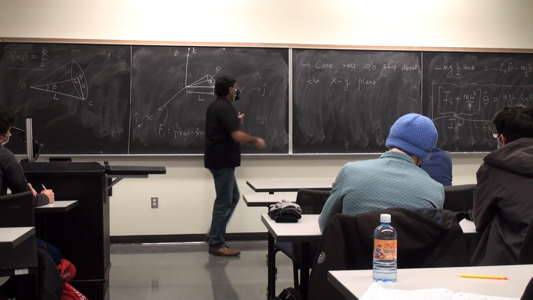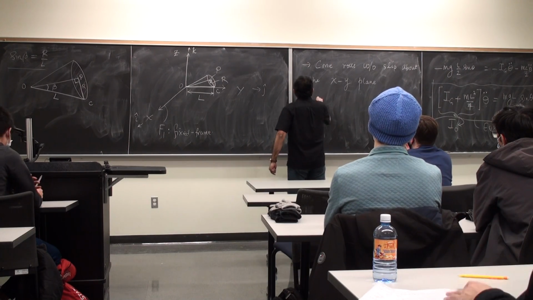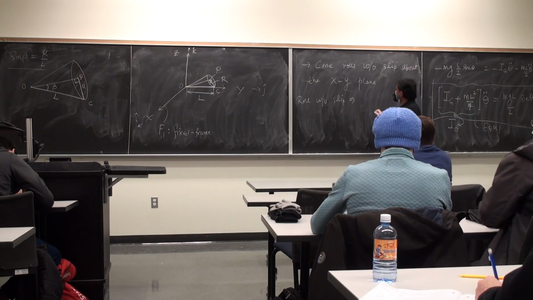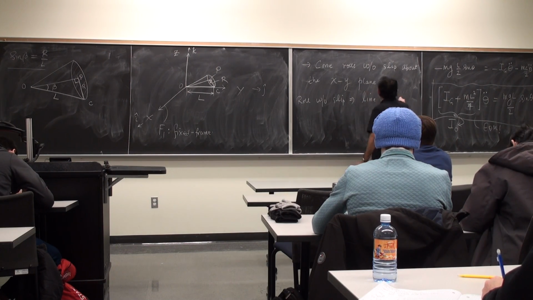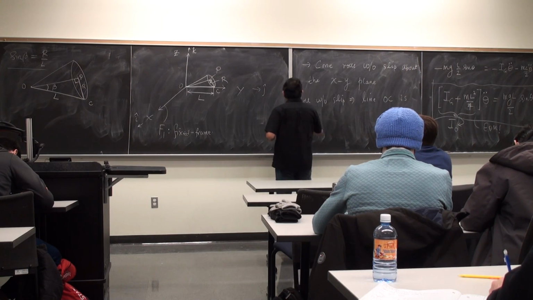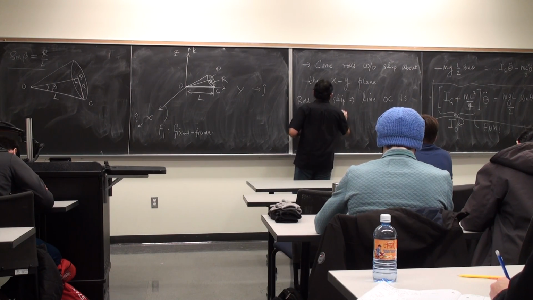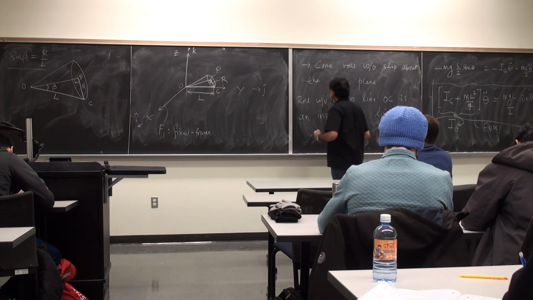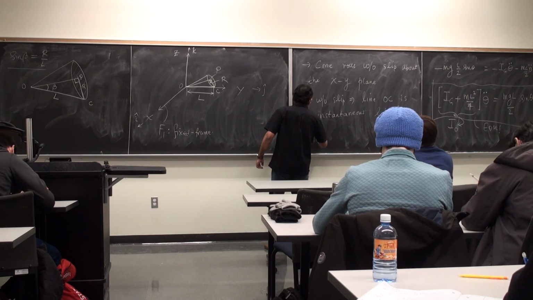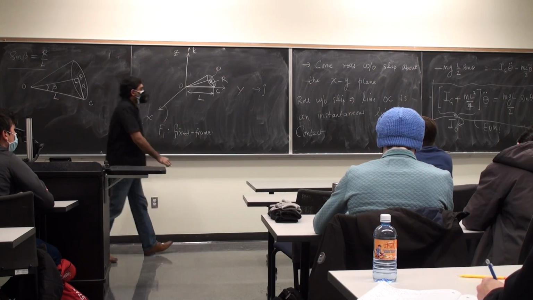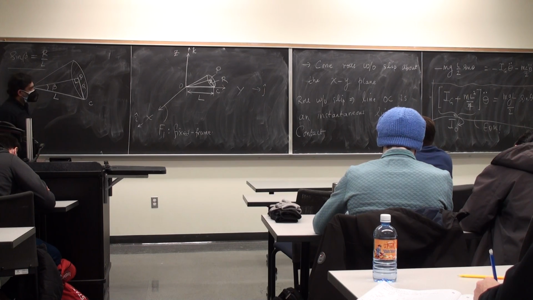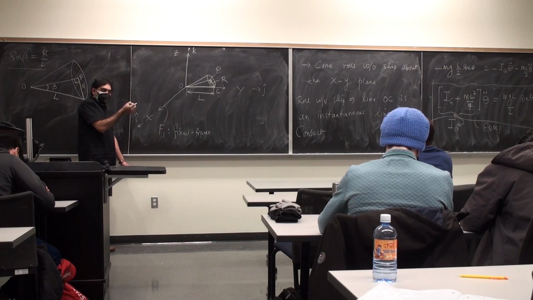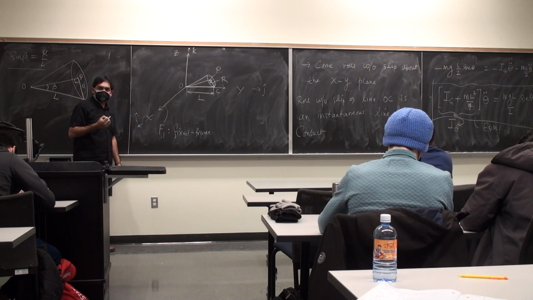Okay? So rolling without slip implies, for our situation, the line OC is an instantaneous line of contact, which tells me that the velocity of any point on this line OC at any given instant in time is 0.